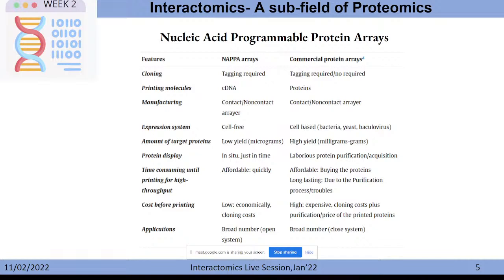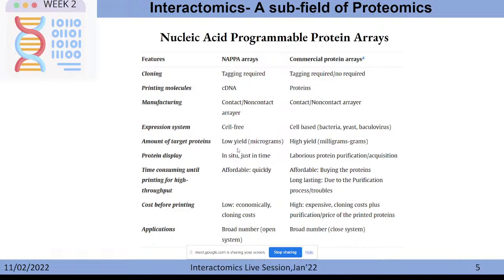You need to express your proteins, then extract and purify them, and then print them on the chips. But here you can directly print your cDNA and make the protein express in a cell-free manner.